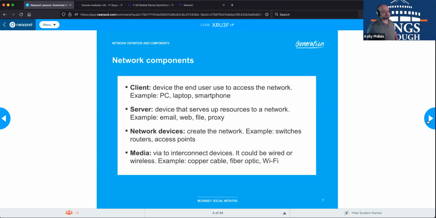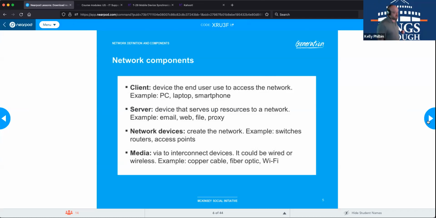Network devices create the network. Example: switches, routers, access points. Excellent. So they essentially facilitate the means of communication.